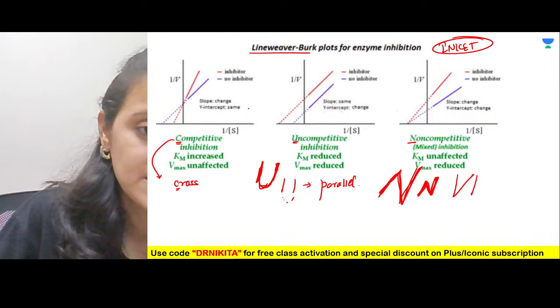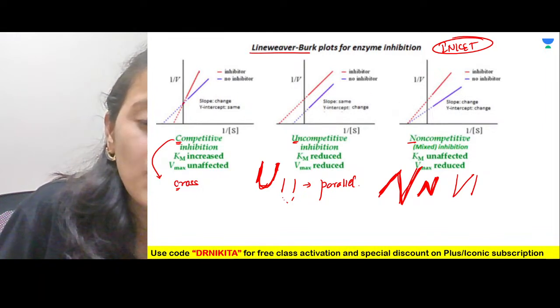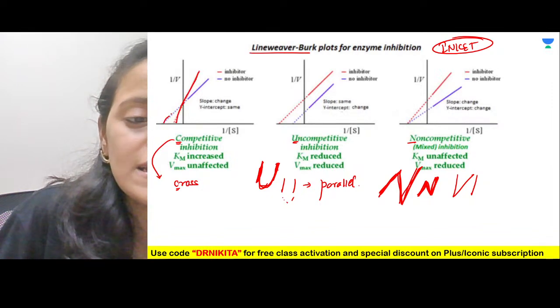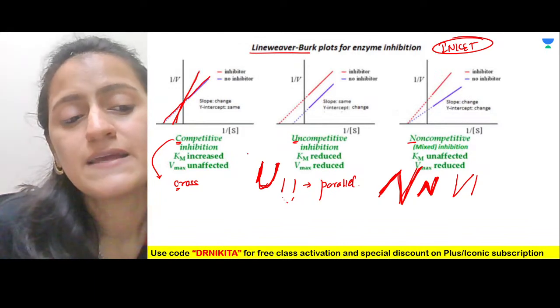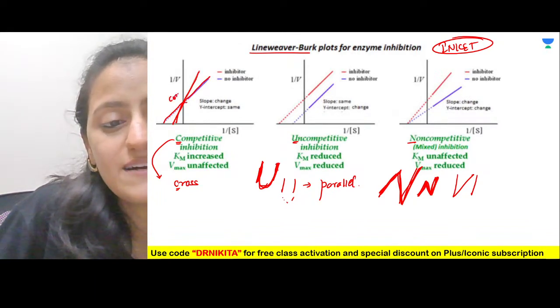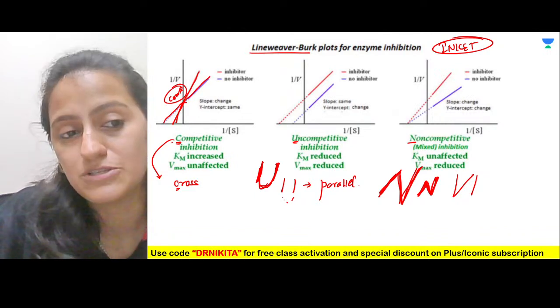Now look at the graphs. Out of the three graphs, you can see that in one the lines are crossing each other. So the crossing one is competitive inhibition.